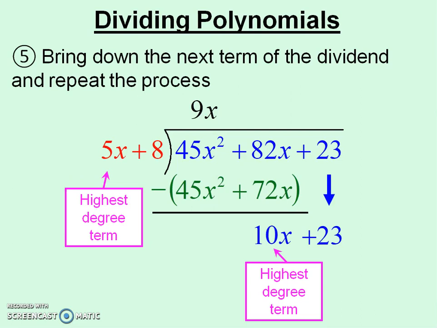I'll do 10x divided by 5x, just the highest terms. So at the very beginning, we just did 45x squared divided by 5x, just the highest. So 9. And now I'll do 10x divided by 5x. 10 divided by 5 is 2. The x's cancel.